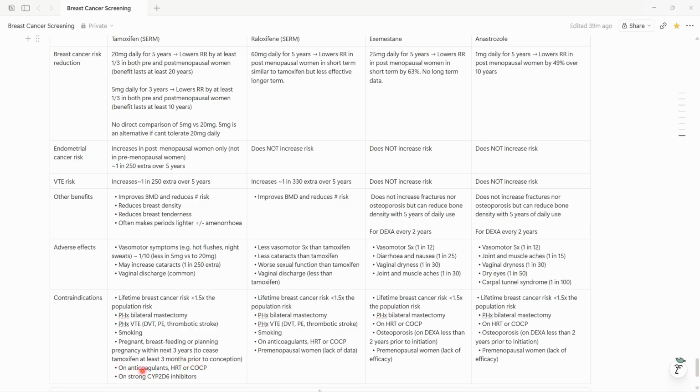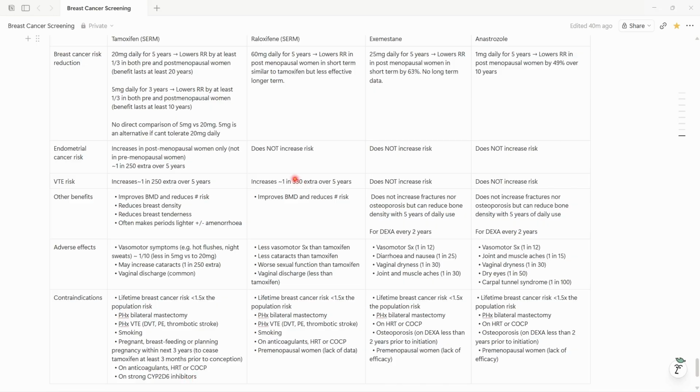If they are on anticoagulants, HRT, or the combined pill, we also don't recommend tamoxifen. They also shouldn't be on medications that are strong CYP2D6 inhibitors, because that can cause interactions with tamoxifen.